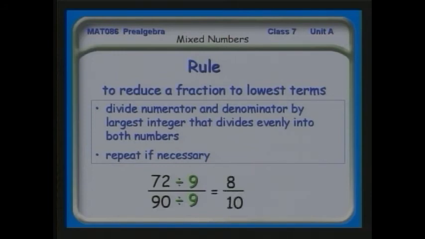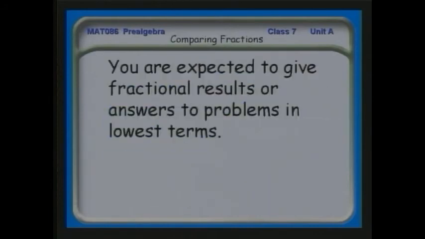This reduces us to 8/10. But then you look at that, boy, both of those are even. Let me go another factor of 2 here. Now I have 4/5. You ask yourself, is there anything that I can divide evenly into 4 and 5? And you scratch your head for quite a while and you find out there isn't.